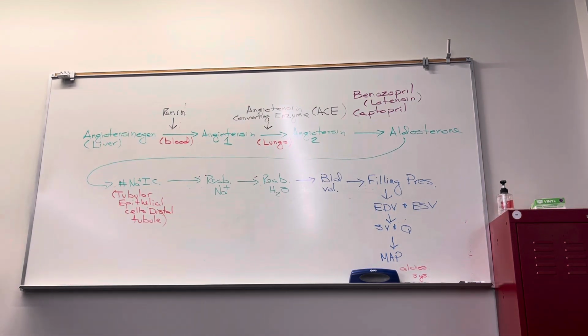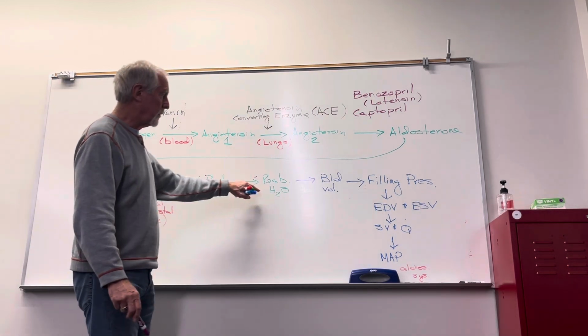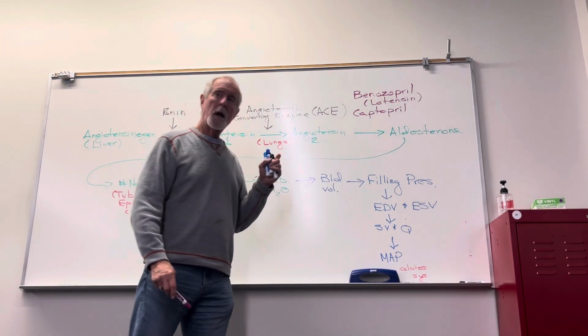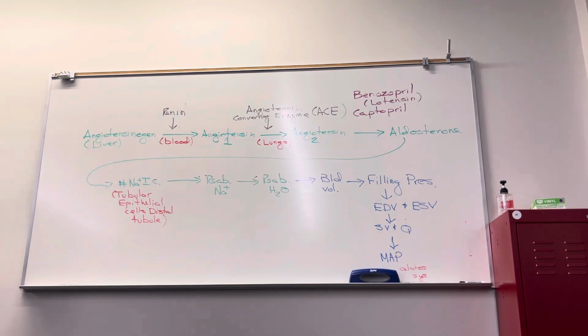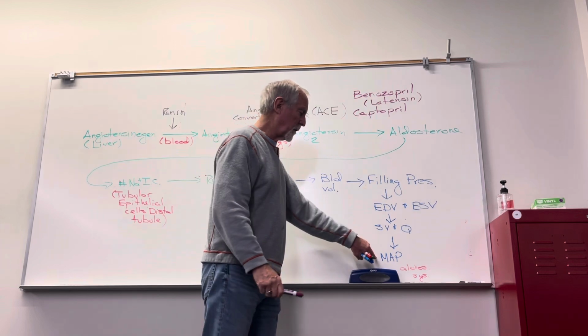That means that the reabsorption of sodium will go down, the reabsorption of water will go down. And so if the reabsorption of sodium and water are going down, then that water is showing up in the form of urine, right? So diuretics, diuresis. Diuresis is an increase in the production of urine. And in this case, we're doing this to try to bring down the blood volume and decrease the mean arterial pressure.